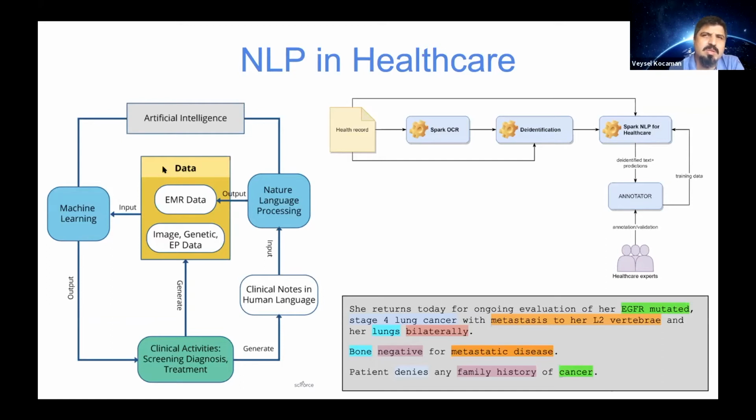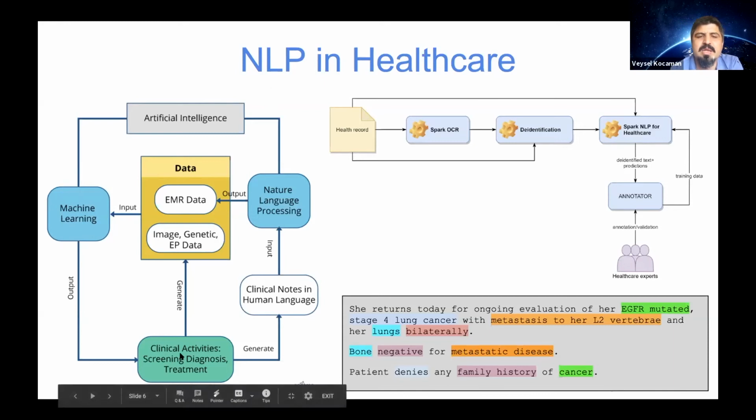NLP is already a hard domain, an ultra domain specific area where everyone needs to build their own model. And in healthcare, it's even harder. Even basic English is hard, but healthcare NLP is actually the hardest part of this NLP world. So the goal is to be able to utilize this text data through machine learning algorithms, and then use these insights in decision-making processes. That's where NLP comes into play.